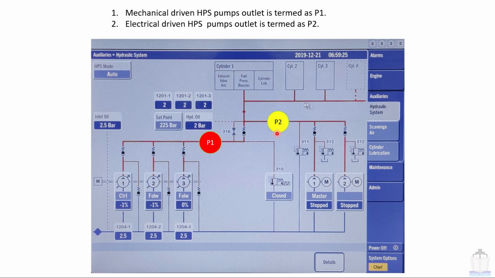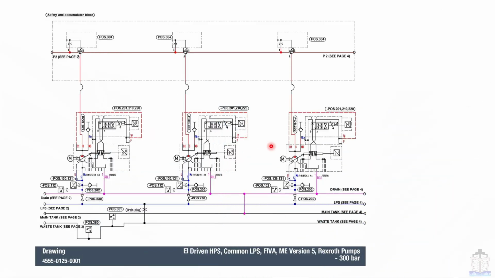Now we are going to see the same thing with some examples. This is the 3 pump configuration where 3 electrical driven HPS pumps are installed. Here M is written under the circle, which indicates that an electrical motor is fitted to drive the HPS pump.